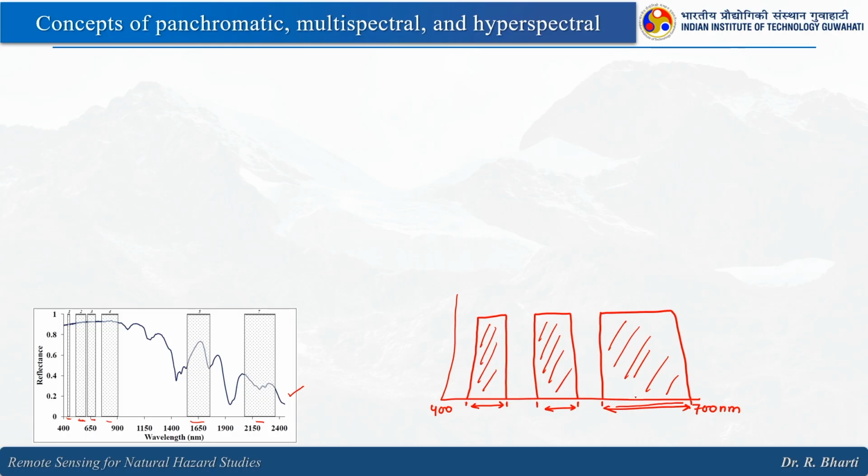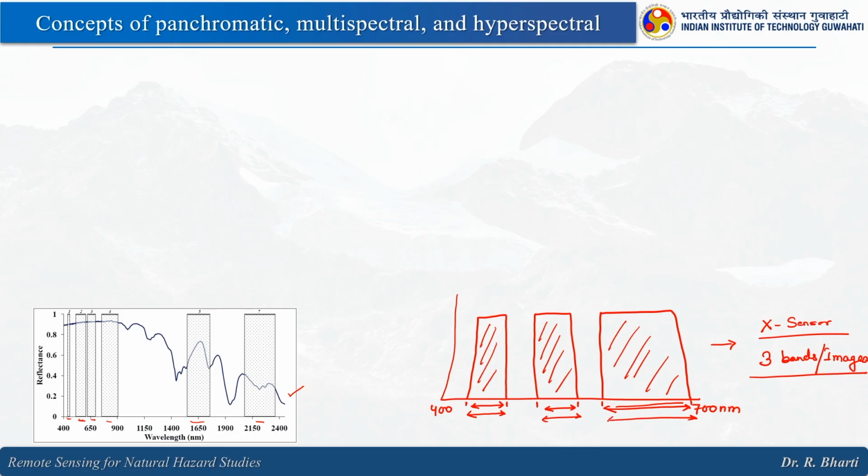So, in this scenario this particular sensor, let us say it is X sensor, is capable of generating 3 bands. 3 bands means these are 3 images, right, and these images have different wavelength ranges that are being used here, right.